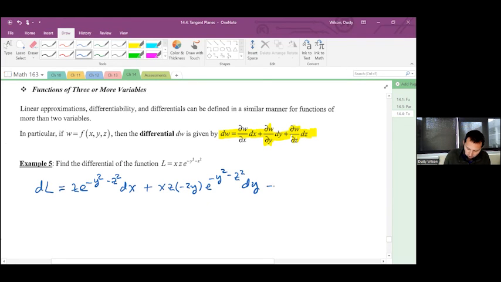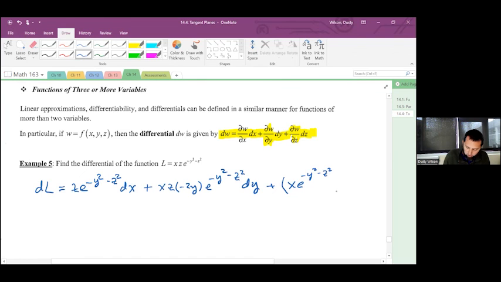And then we have plus the partial derivative of L with respect to z. This is going to require the product rule. So we're going to have x e to the negative y squared minus z squared.